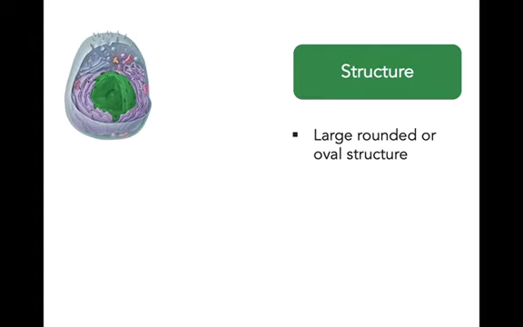Okay, for the structure of the nucleus, remember that generally speaking, the nucleus is a large rounded or oval structure. However, may mga cases na hindi ito yung case, okay? And they are usually 5 to 10 micrometers in diameter. Okay? Ito yung, generally speaking lang ha.